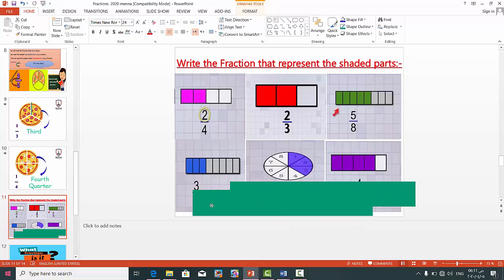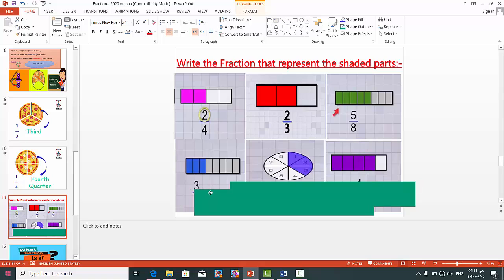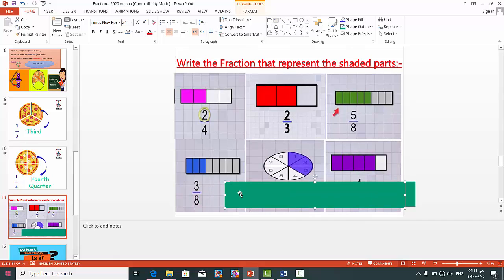Now, my students, let's see another exercise. Here, how many colored parts? 1, 2, 3. So the numerator will be 3. How many all parts? 1, 2, 3, 4, 5, 6, 7, 8. I will write number 8 in the denominator.